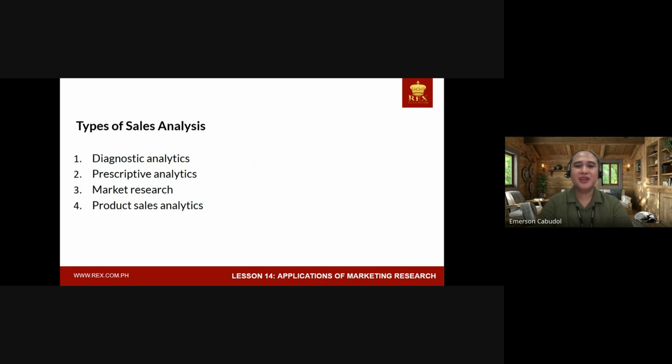For example, if sales dropped in a specific quarter, diagnostic analytics would investigate factors such as changes in customer behavior, market conditions, or sales strategies to determine why this occurred. This type of analysis enables businesses to make informed adjustments to the sales processes.